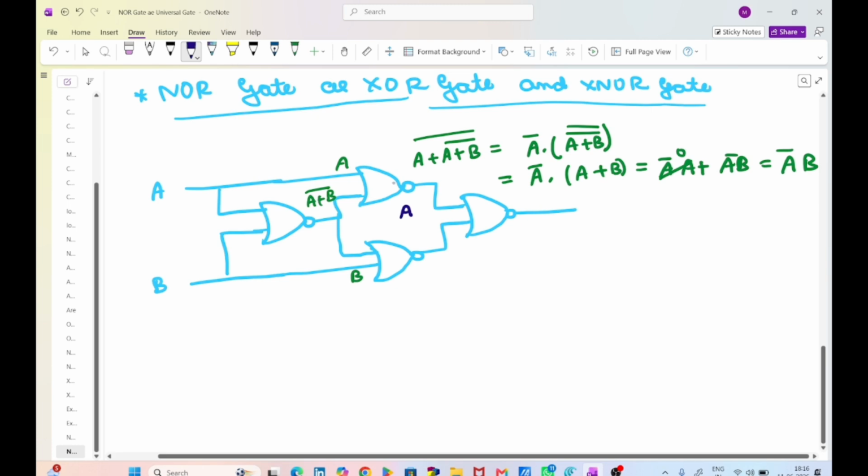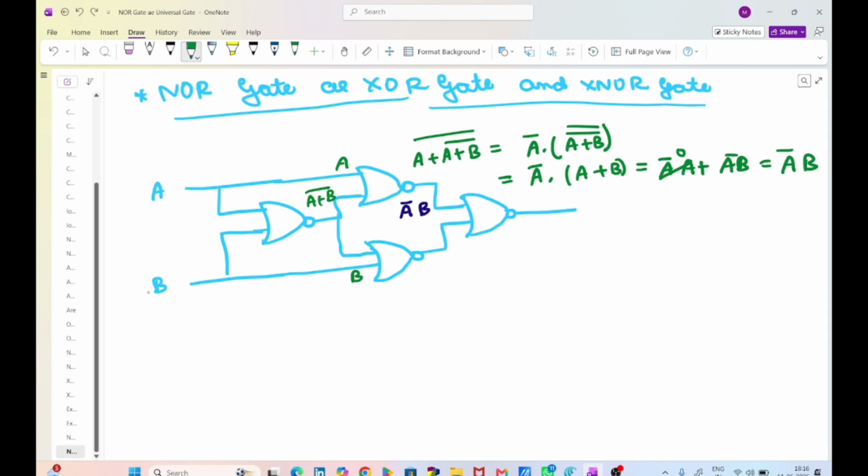Here the output is A bar B. I wrote it here, and let's move to this case. Here the output is B plus A plus B bar whole bar, which equals B bar dot A plus B bar whole bar.